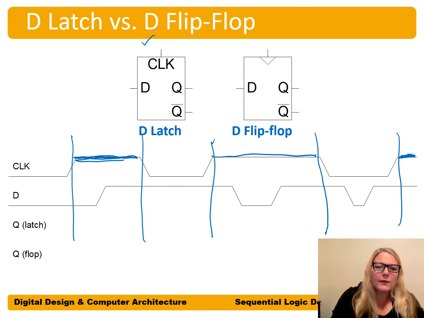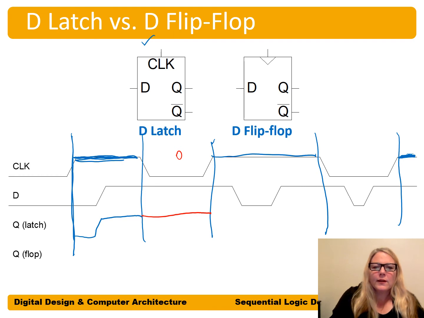At the time when clock rises, when clock is high, Q just follows whatever D does. And so D is low and then high. And then clock goes low, and the D latch just retains whatever state it had right before the clock went low.